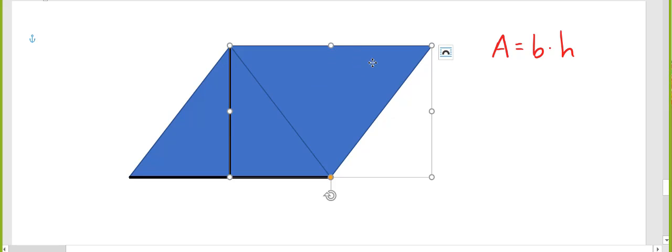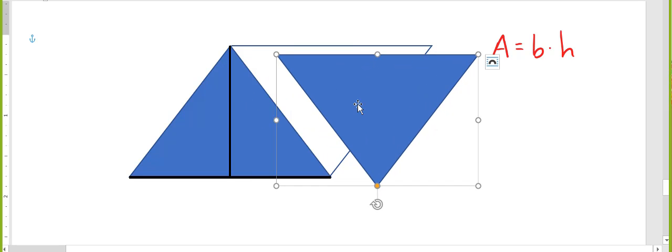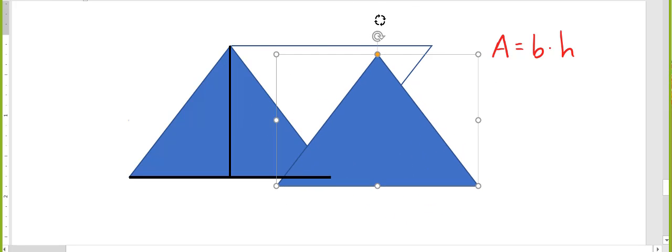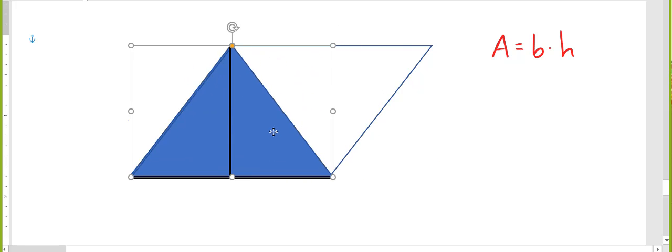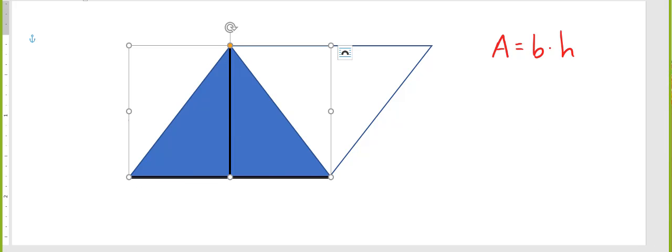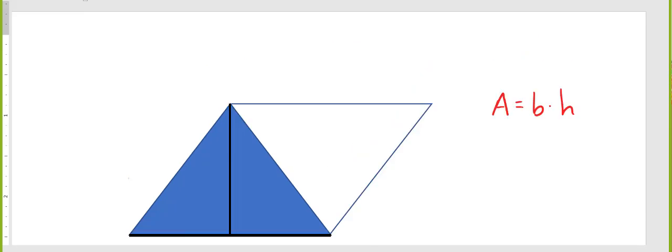Do you see that I now have two triangles? Two blue triangles that are exactly the same. Is that pretty cool? So the area of a triangle is going to be the base times the height, and then you're going to divide it by 2.